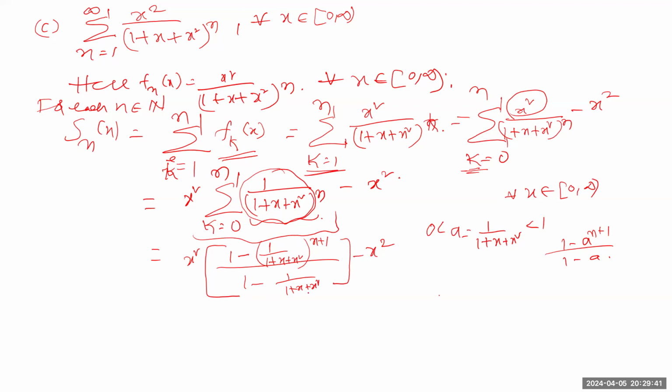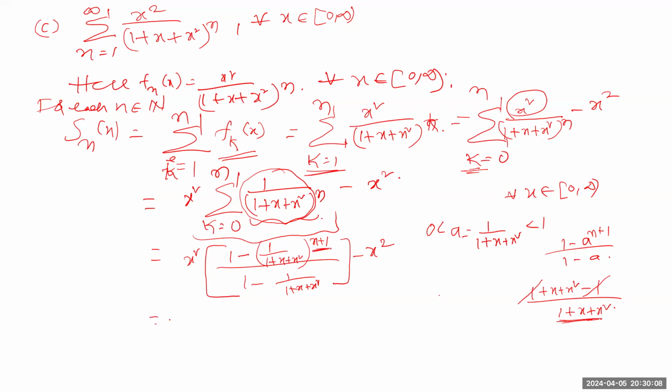So what happened? When we are calculating the denominator, 1 plus x square minus 1 over 1 plus x square, this is minus 1 over plus 1. We will get x plus x square by 1 plus. What happened? This will be going up because here is n plus 1.